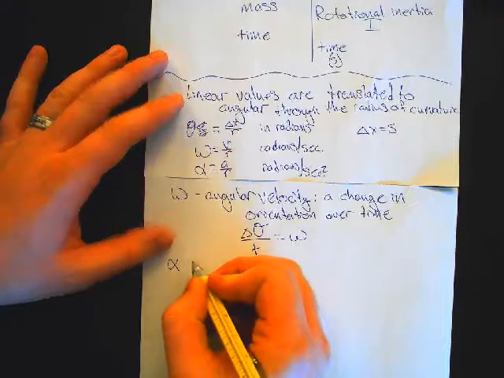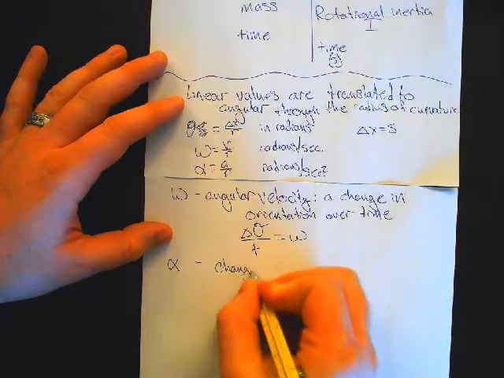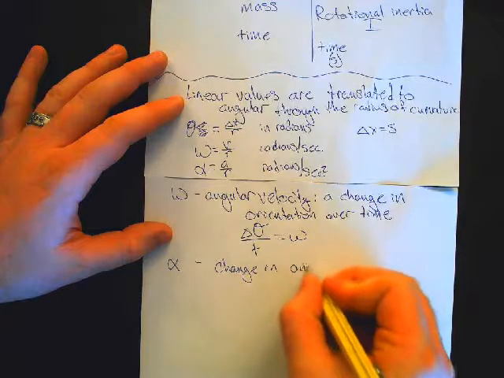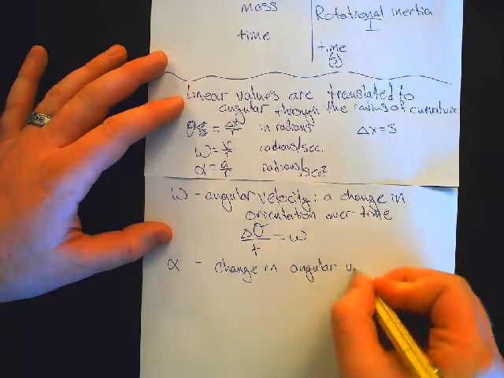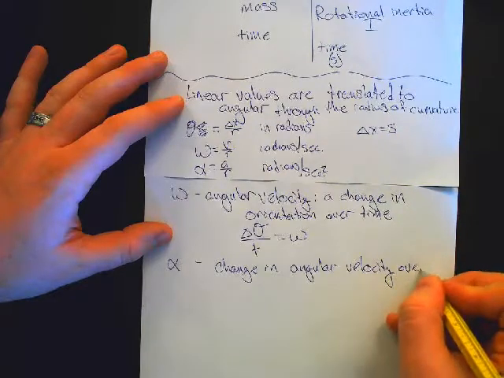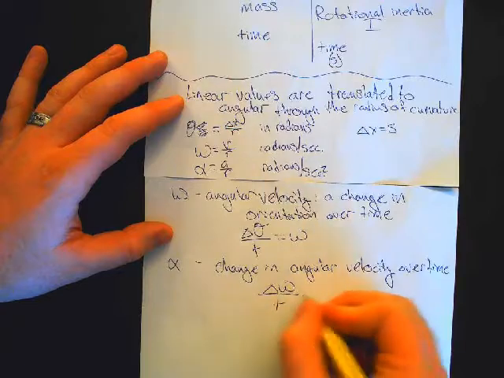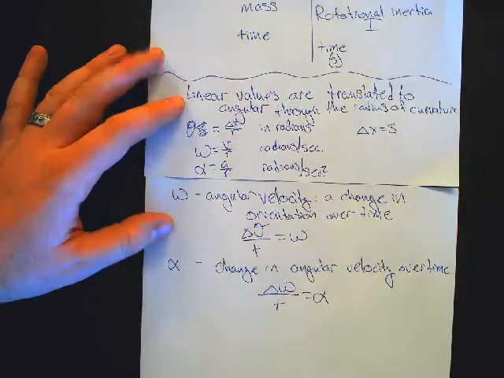Alpha is change in angular velocity over time, meaning delta omega over t equals alpha. Okay.